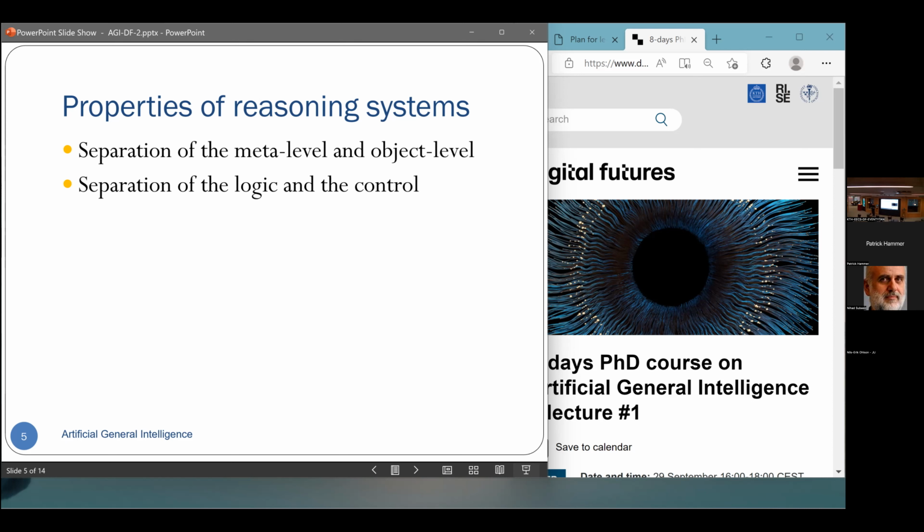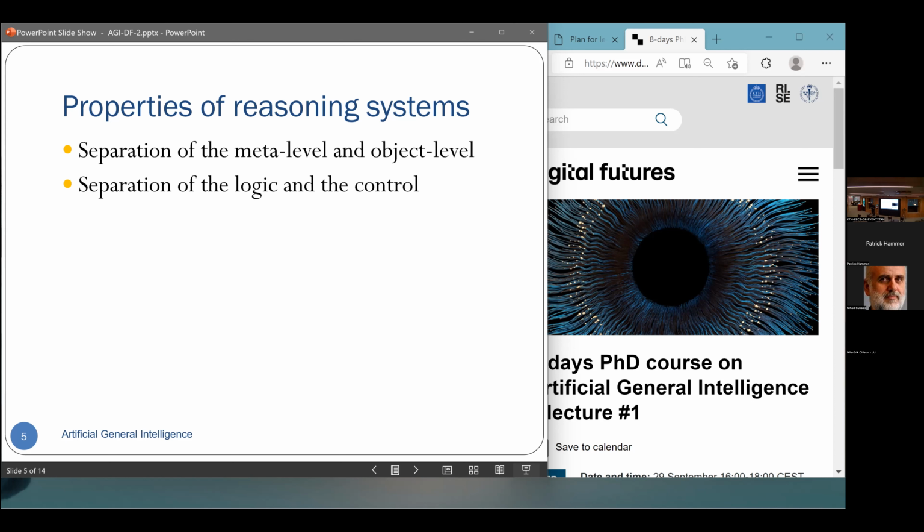And also the separation between logic and control, which I already said, that's also very crucial. For example, in the computer science paradigm, the logic part and the control part are mixed together into an algorithm, which for the AGI purpose actually is a big problem, which I will explain later.